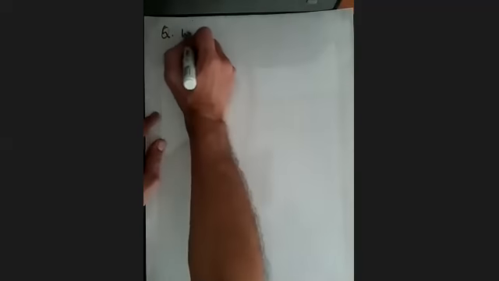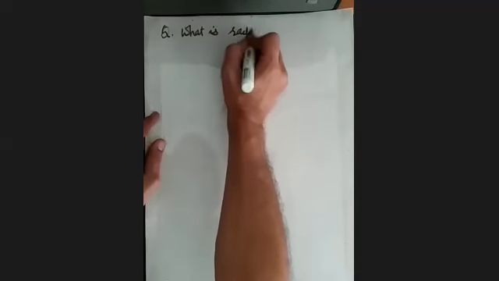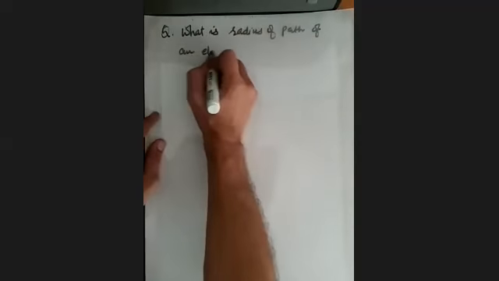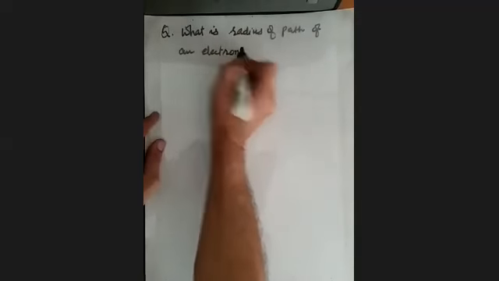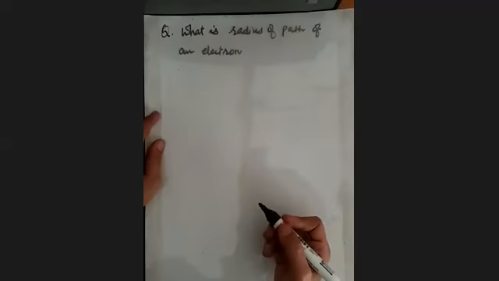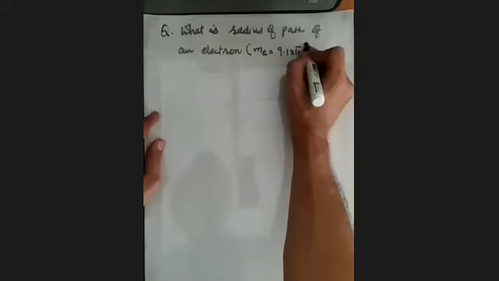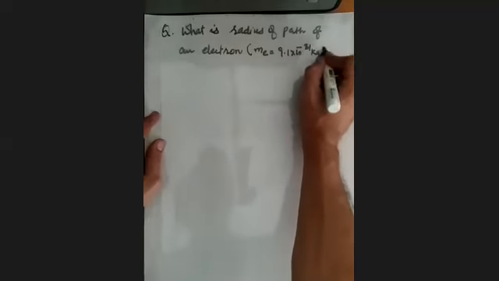So the question is, what is the radius of the path of an electron whose mass is 9.1 × 10^-31 kg?